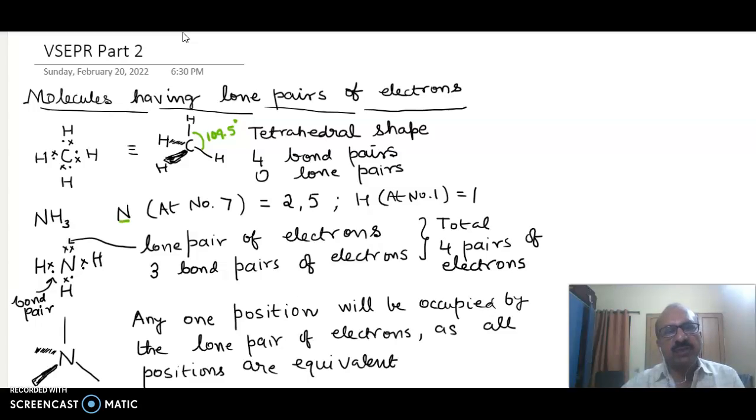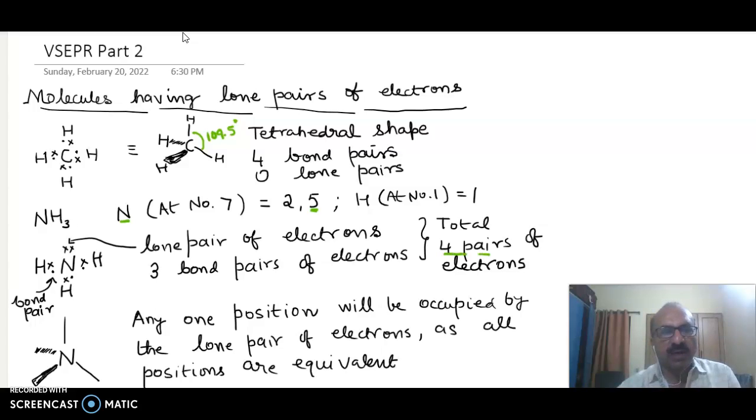Now we go on to the second example, and that example is of ammonia, where the central atom is nitrogen. We must begin with the atomic number to understand the application, and the atomic number is 7. We are concerned with the 5 electrons which are in the outer shell. Hydrogen, of course, has 1 electron. Now we will draw the electron dot diagram for ammonia, where you can see that nitrogen is surrounded by 4 pairs of electrons.